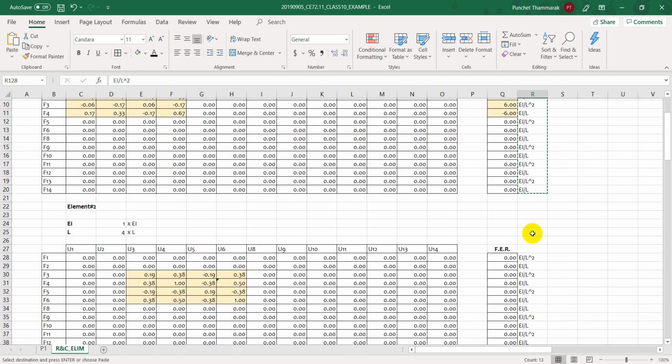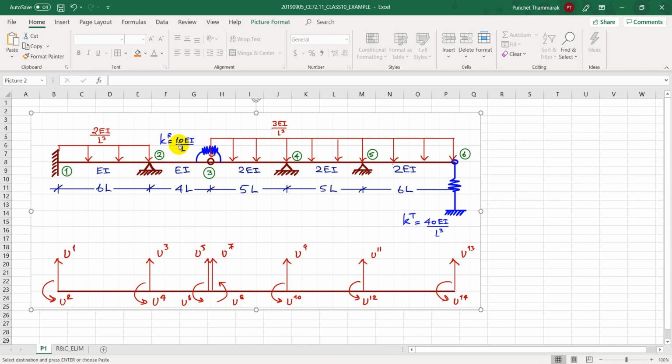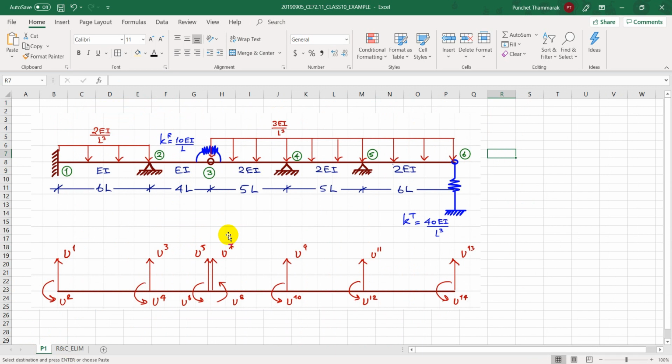Now let's take a look at the second one. Second one, you don't have anything applied on the span, so you have a perfect 0 over here. You don't have to do anything. The third one, 3 EI over L cube. So 3 EI over L cube, 3 multiplied by 5 divided by 2, WL over 2, right?